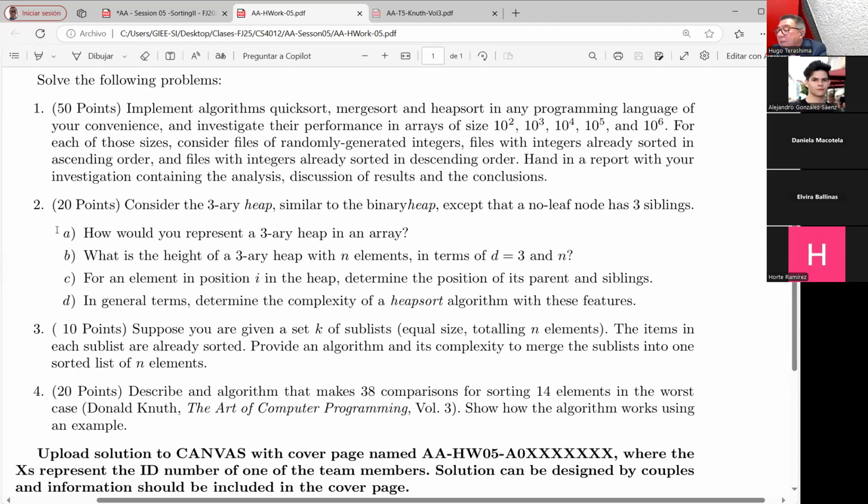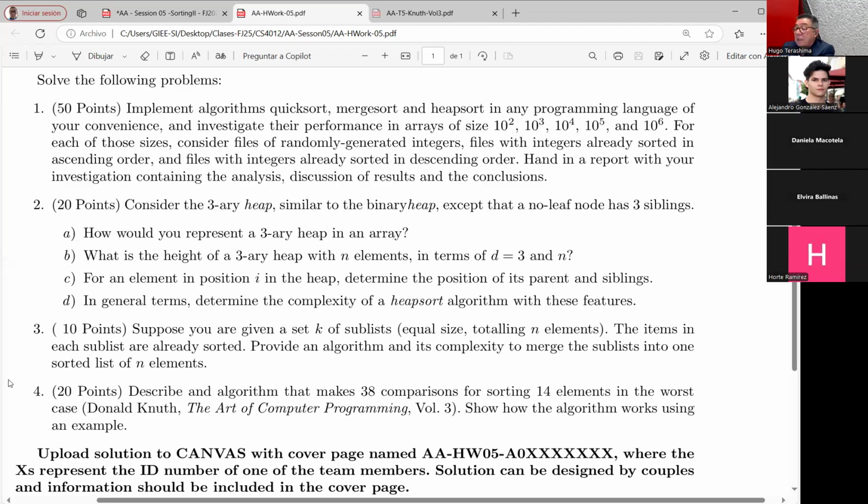What is the length of the d-ary heap with d equal to 3 and n elements? For an element in position i in the heap, determine the position of the parent and the children. In general terms, determine the complexity of the heap sort algorithm with these features. So it changes a little bit, but you tell me what you find, right?